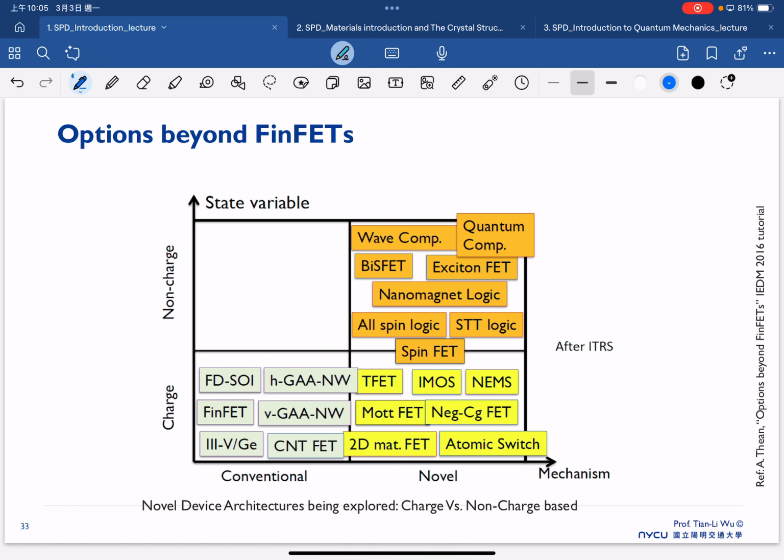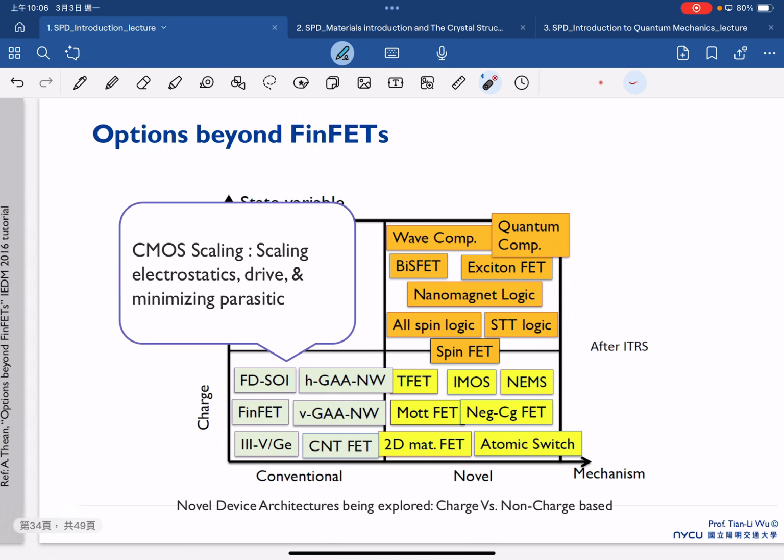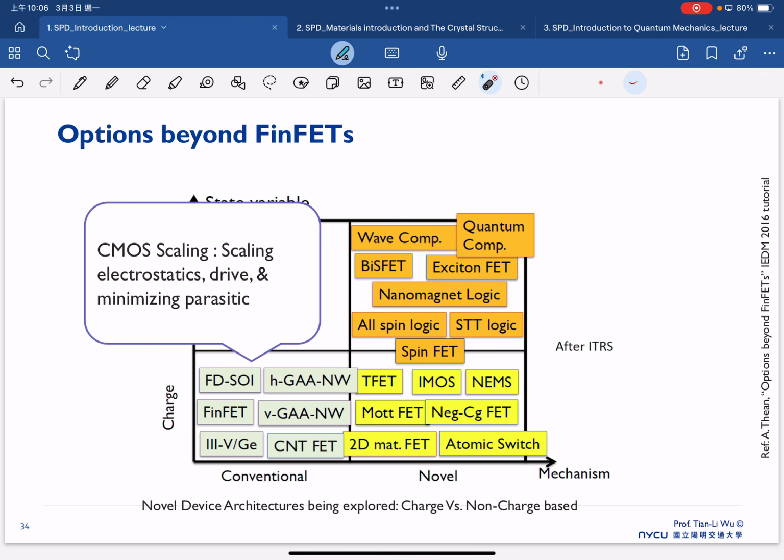This line lists lots of options beyond FinFET, and each one takes a very, very long time from exploration, research, and development to finally manufacturing. That always takes at least more than 20 years of effort. So now we can quickly go through the options we have in academia, and these options are ones that industry is very interested in.